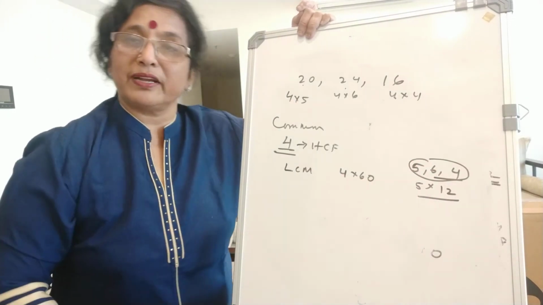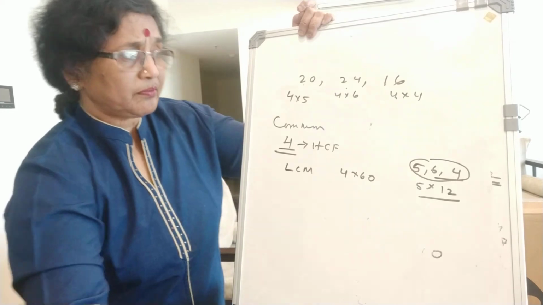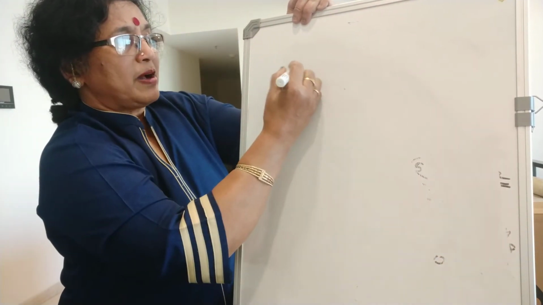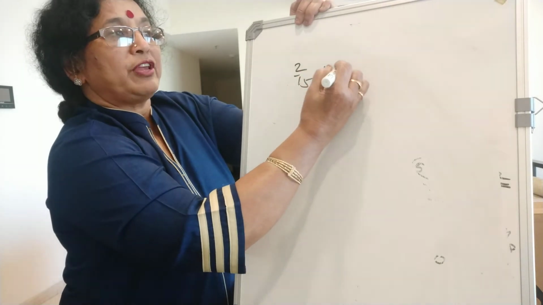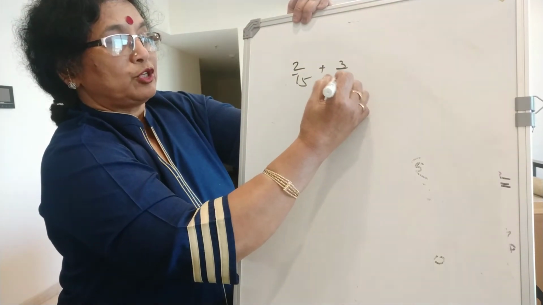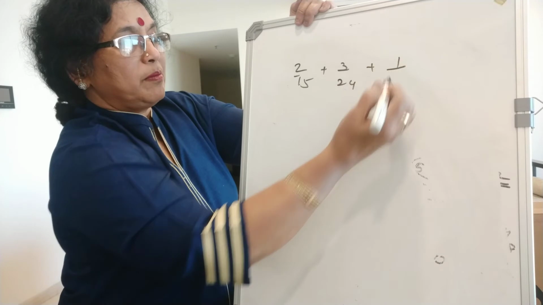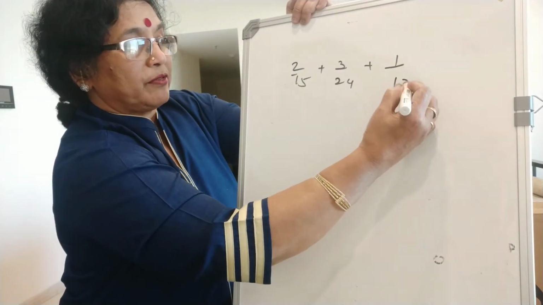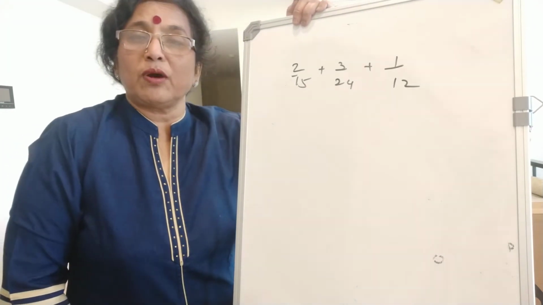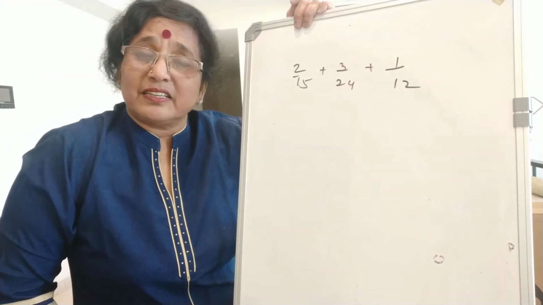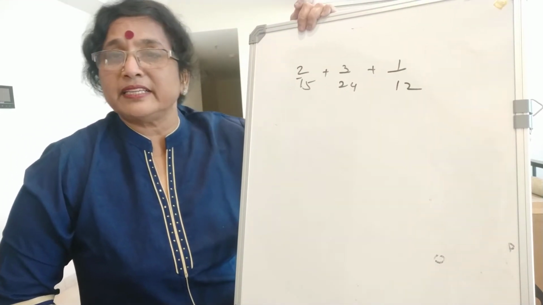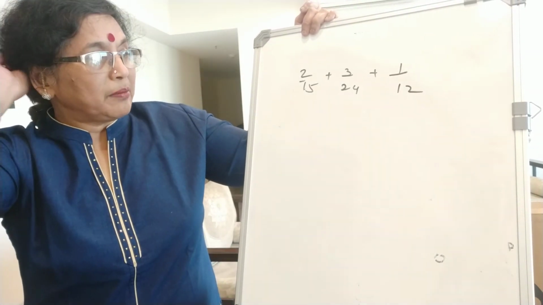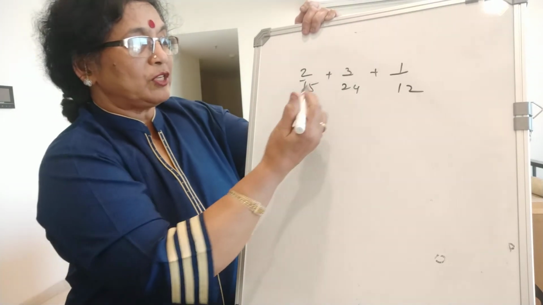How does it help in mathematics? Suppose you have 2 by 15, 3 by 24, and you have 1 by 12, right? And you want to find the single fraction by adding. So therefore you have to take out the LCM of the numbers.